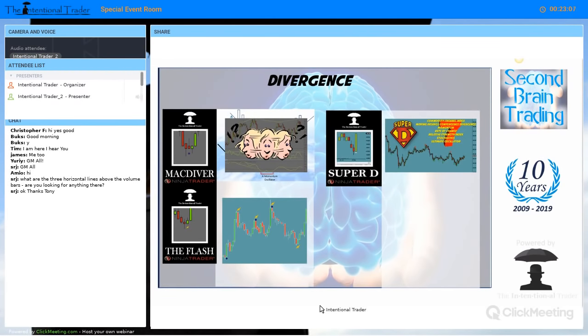We'll print that on the open of each bar, and it prints right here below the bar. It'll tell you how many, and then down at the bottom, it'll tell you which momentum oscillators generated the divergence signal. So these are combined with our order flow in order to start to look at potential trade setups.